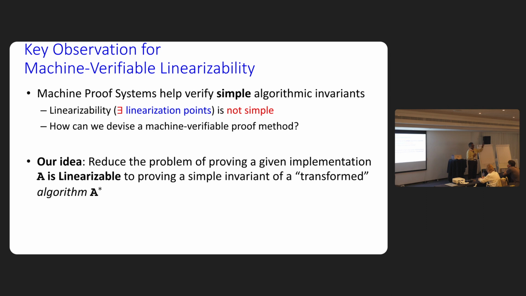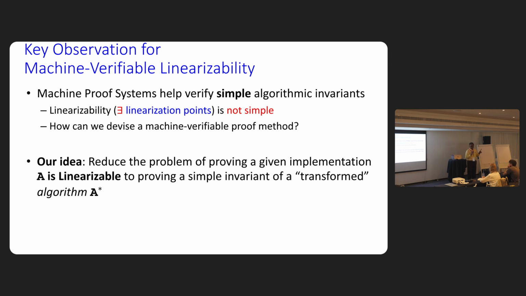So you are transforming the question of whether this algorithm satisfies linearizability into figuring out whether a transformed algorithm satisfies a simple invariant, which can be done using machines, using proof systems. So, that is the idea.